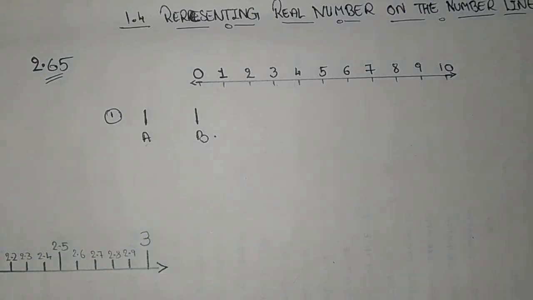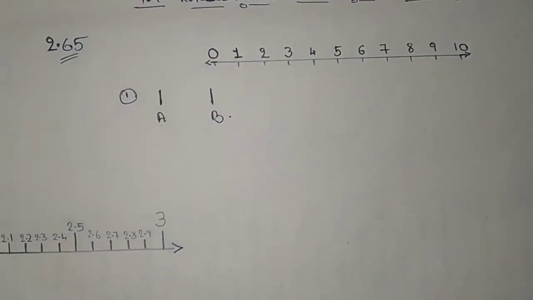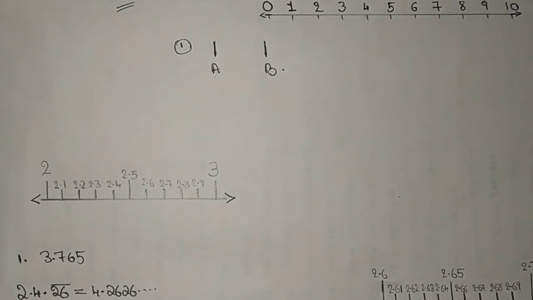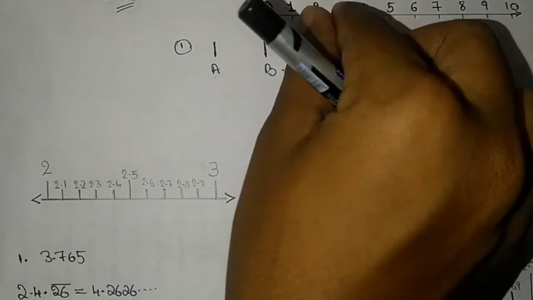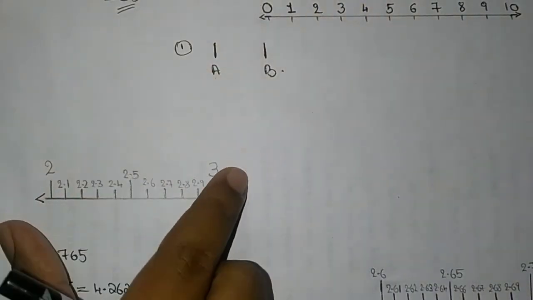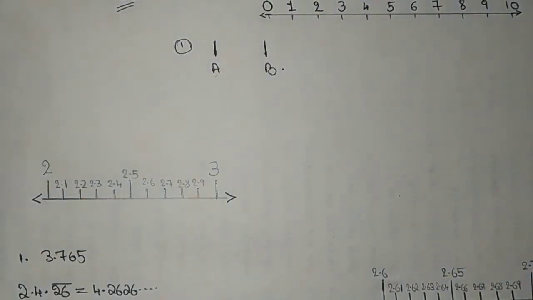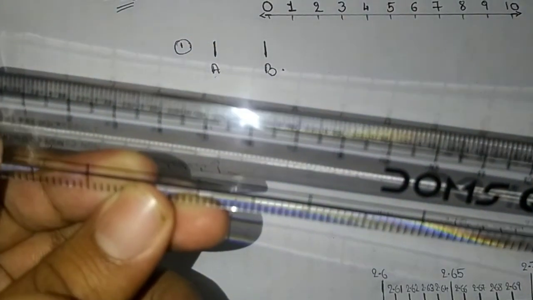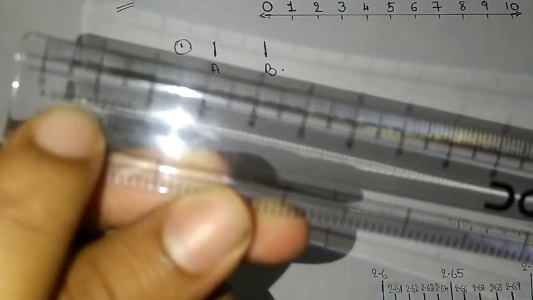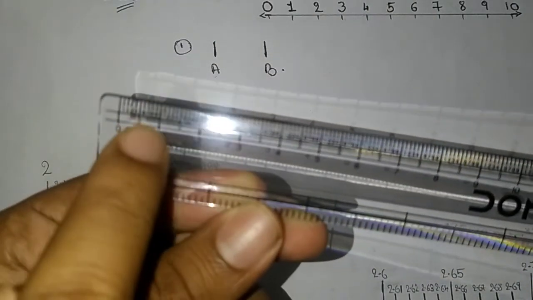Now we zoom in on 2 and 3. In your normal scale, you will see a centimeter along with millimeters.